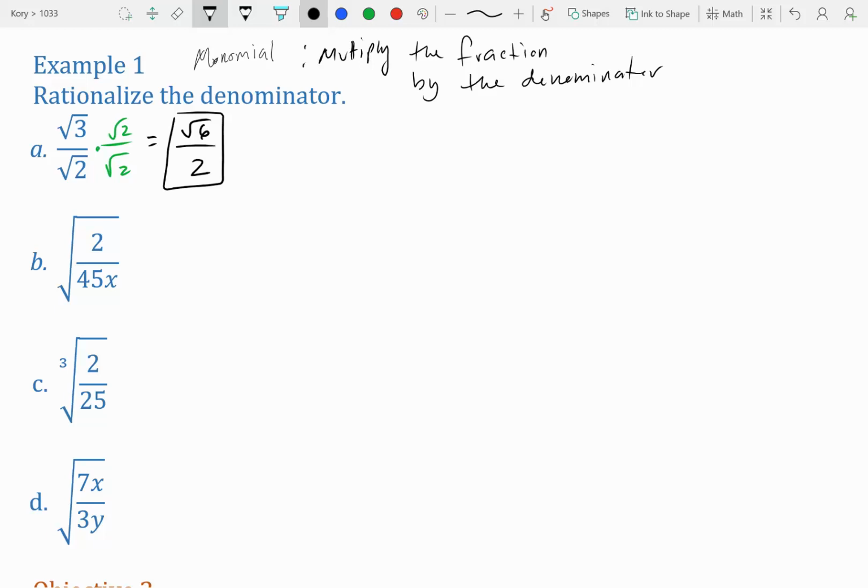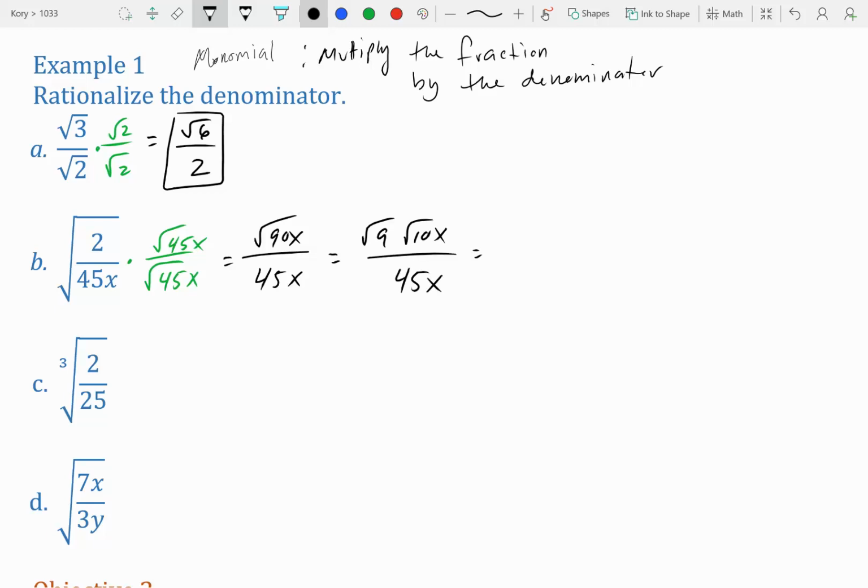Alright, moving on. We're going to multiply our next fraction by square root of 45x. What that does is cancels out the radical. So we have 45x over the square root of 90x. We can simplify the square root of 90x into 9 times 10x over 45x.